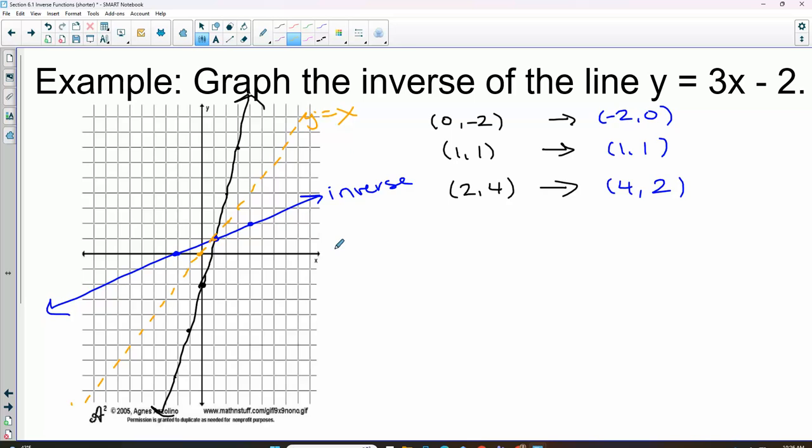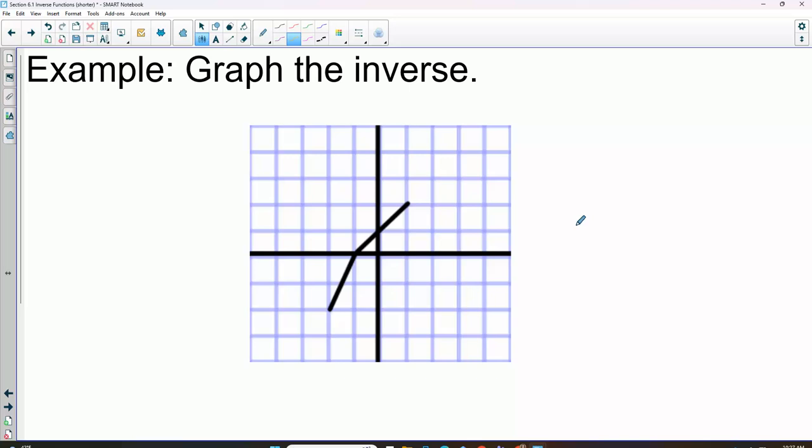Let's do one more slide and then we will probably stop here for today. If I asked you to graph the inverse of this, what would we do? Find the points. Okay, so we just take some points on here. This is the point 1, 2.